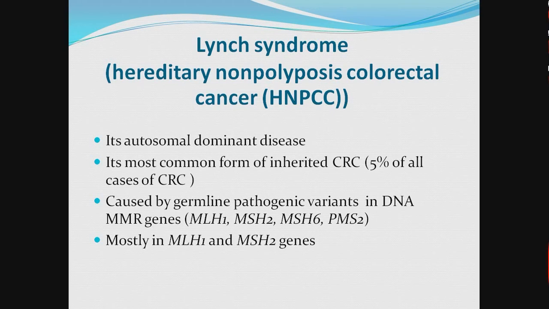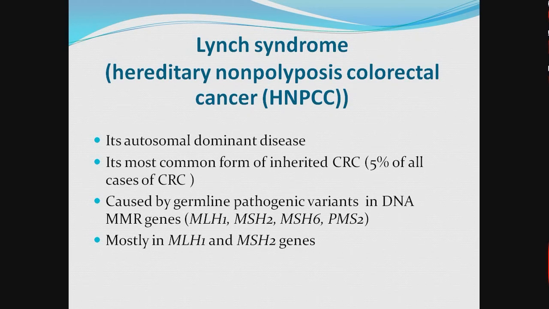The main cause of this type of CRC is germline pathogenic variants in DNA MMR genes. فإذا عملية توليد هذا السرطان تكون نتيجة الميوتيشن في مجموعة mismatch repair genes. For example, MLH1, MSH2, MSH6, PMS2.